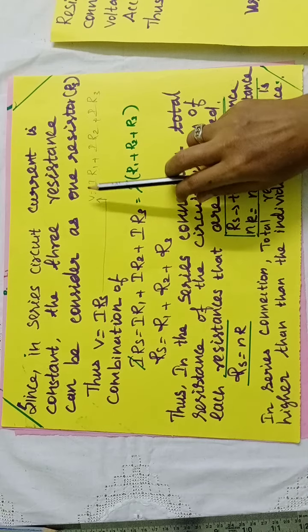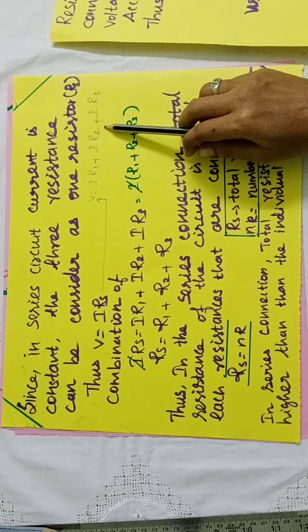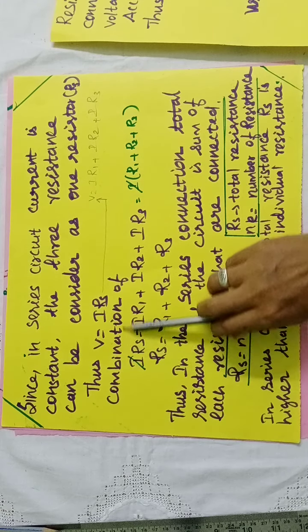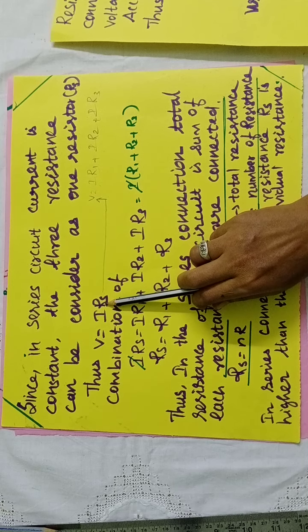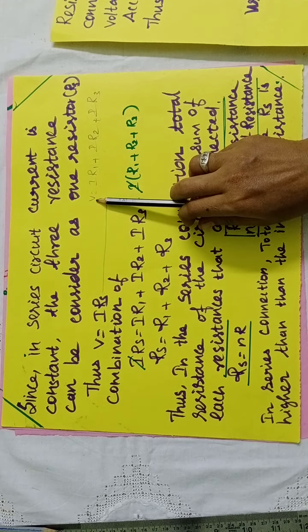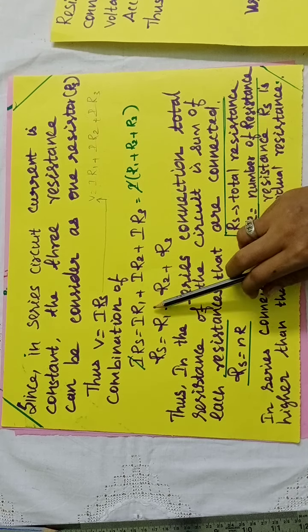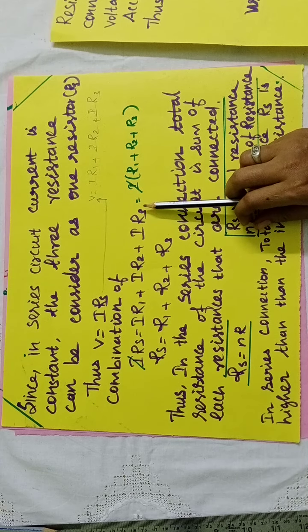We know V is equal to IR1 plus IR2 plus IR3. Combining these, IRs is equal to IR1 plus IR2 plus IR3.